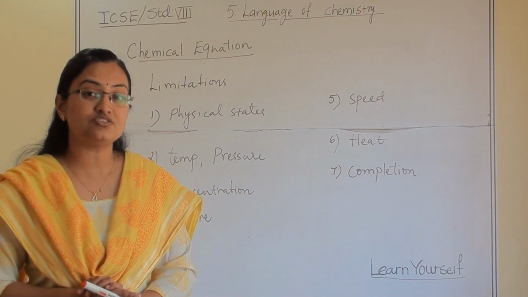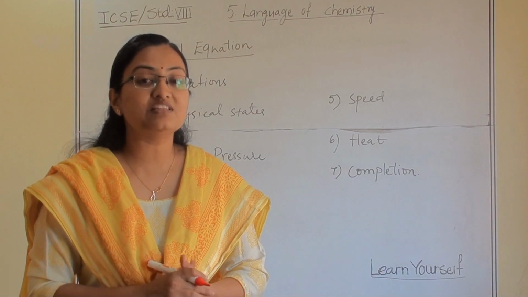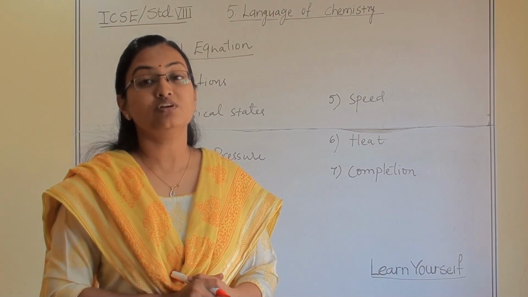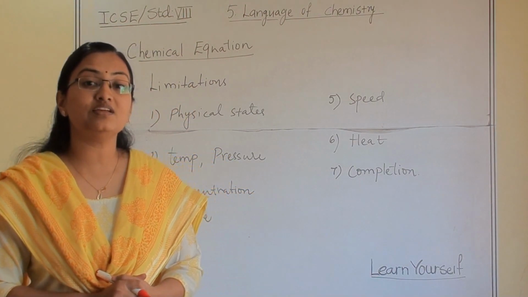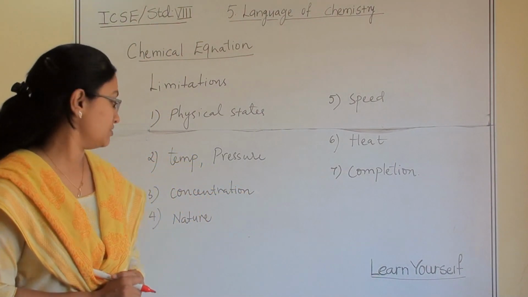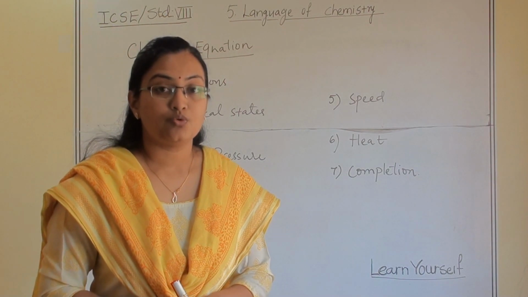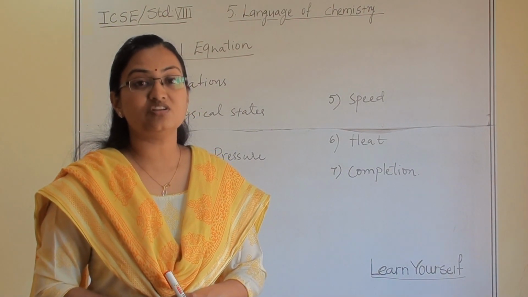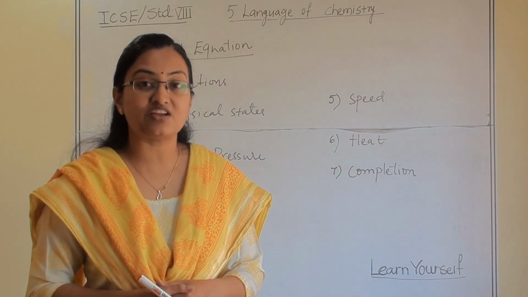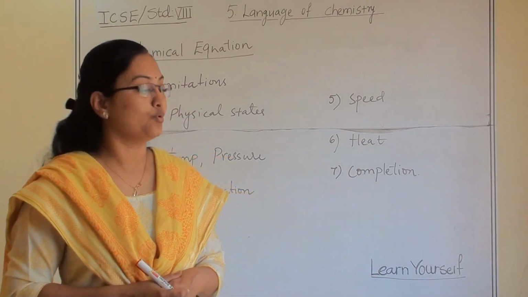Sometimes if concentration is required and we are not giving that much concentration, that reaction will not happen. So the concentration is a very important thing, and that we do not know from the molecular equation. Nature. Nature of the particular reaction, whether it is acidic or basic, or which kind of reaction, whether it is exothermic, endothermic, we do not know.